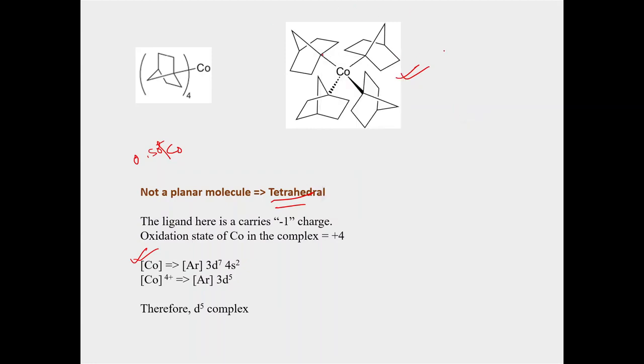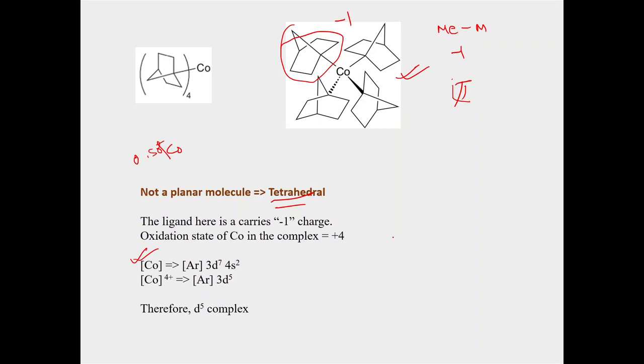So generally, we can find that out like this. If Me is attached to a metal, then it gives a charge of -1, right? Whereas this number of carbon centers can determine that factor. So here also we can see that only one carbon is attached, and this carries a charge of -1.